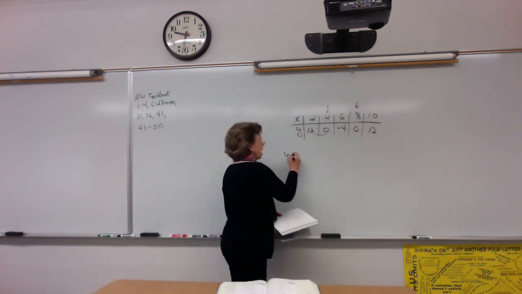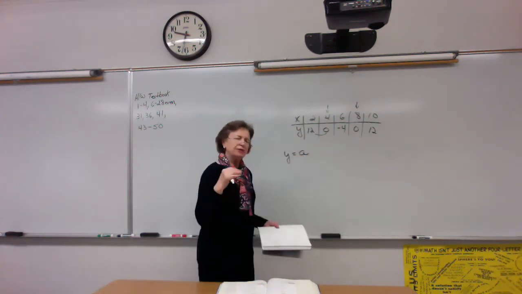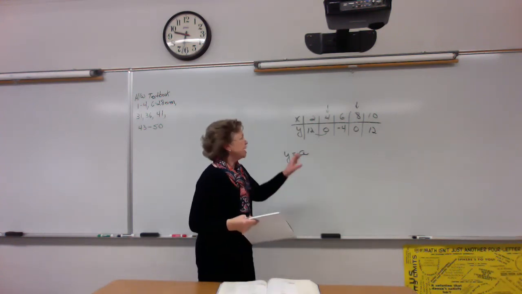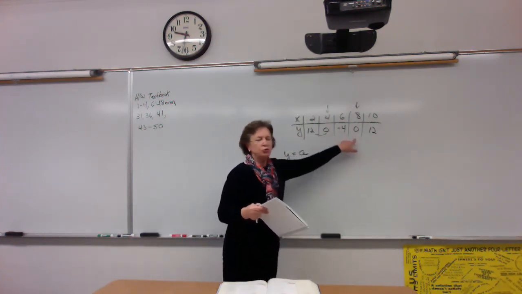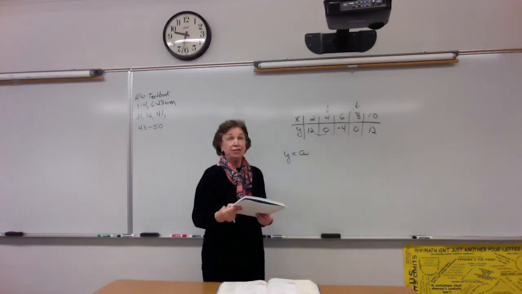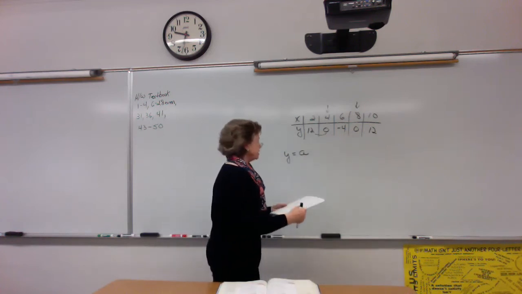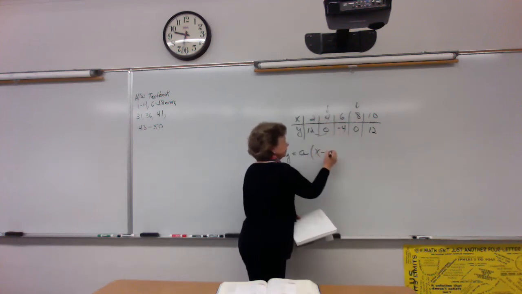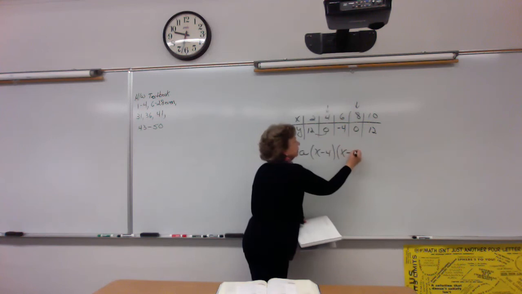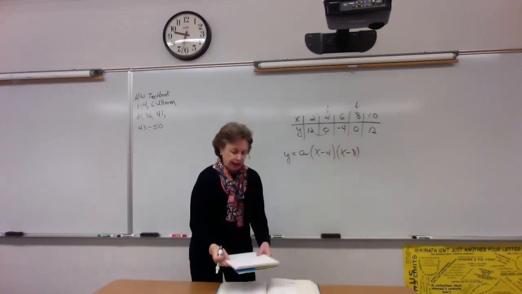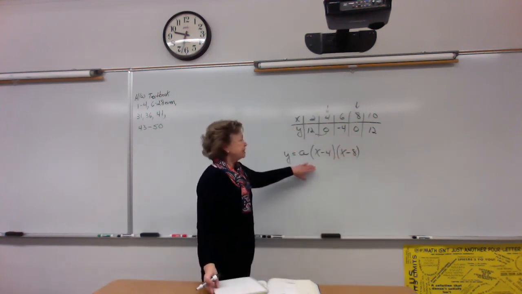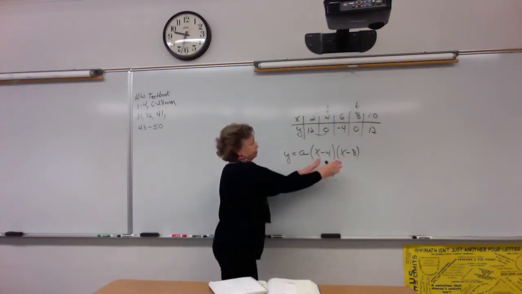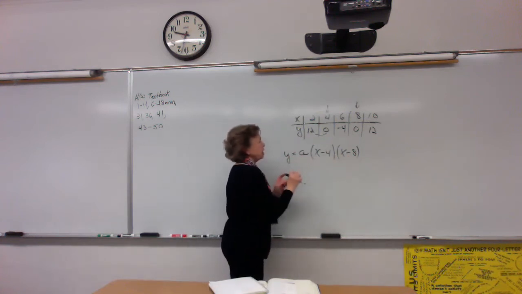So I'm going to have y equals a, because I want the particular quadratic equation that's going through those two x-intercepts, those two zeros. And so we're going to write these in factored form, so x minus 4 and x minus 8. And then we want another point from the table because we've got these values, I need an x and a y.